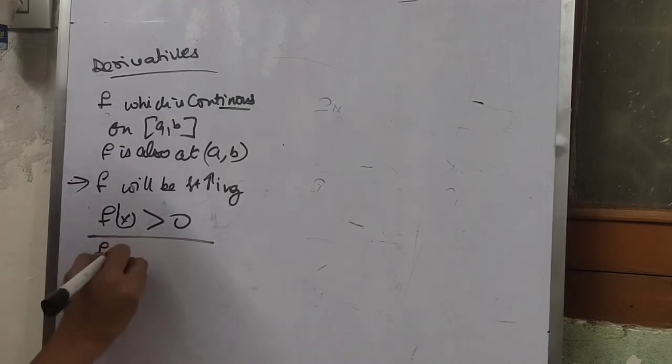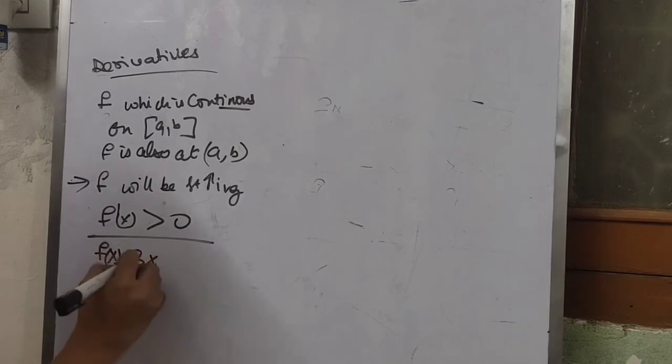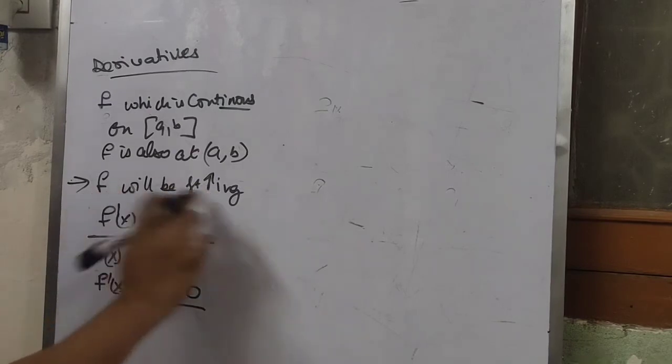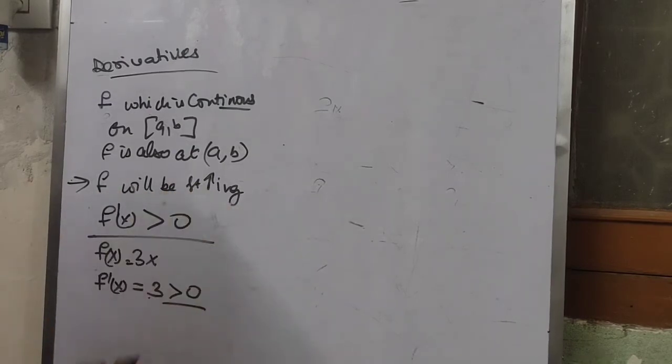If I take f(x) equal to 3x, then on differentiating, f dash x comes out to be 3, which is greater than 0. So my function is increasing, and that too strictly increasing, because it's not equal to 0 in either of the cases.